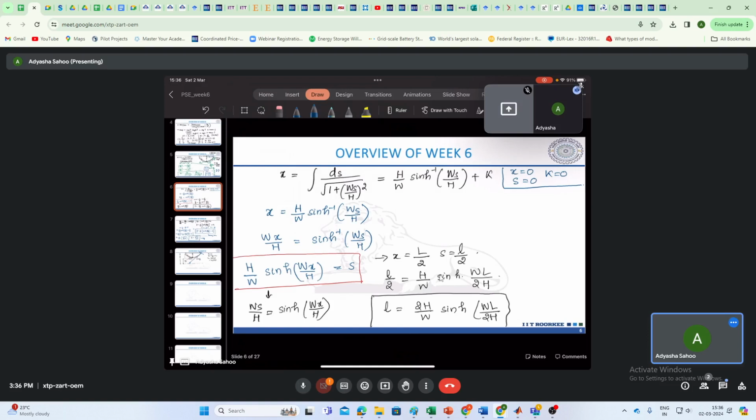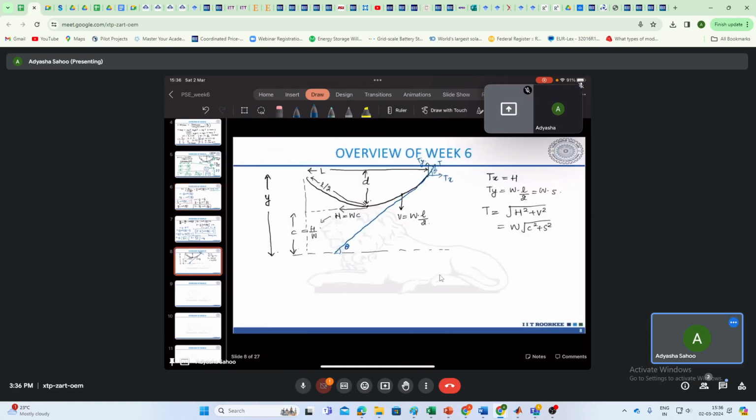So we'll take that again and write it in terms of C. So earlier S was H by W sine hyperbolic Wx by H. So this can be rewritten, as C is H by W, as C times sine hyperbolic x by C.